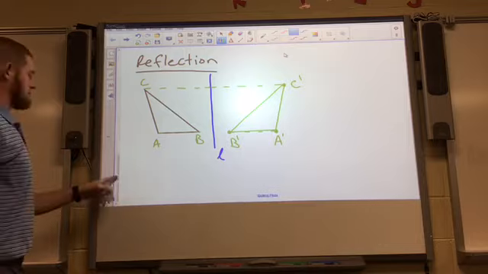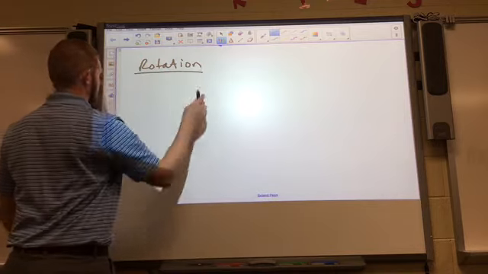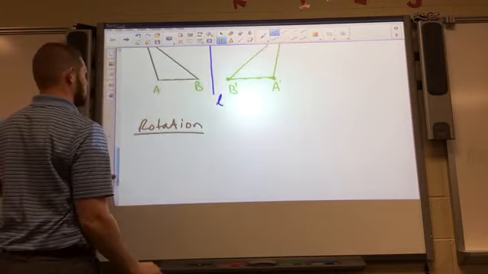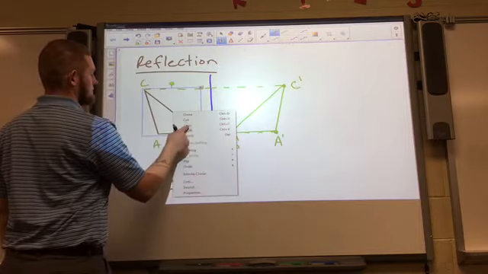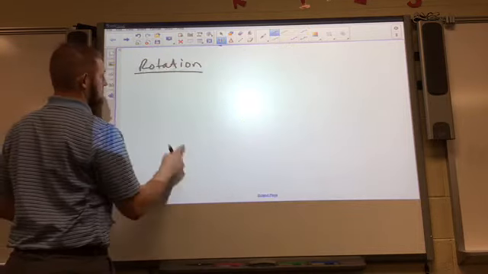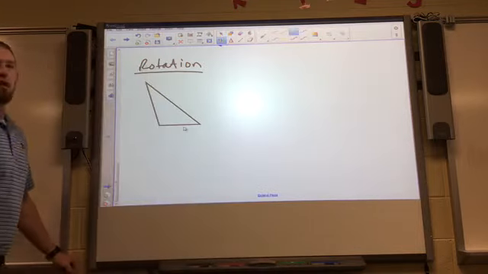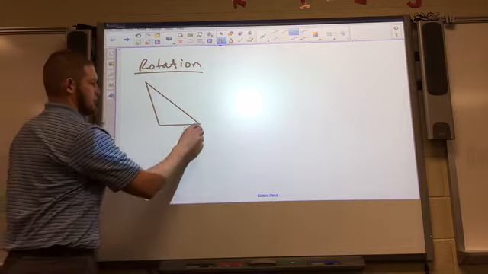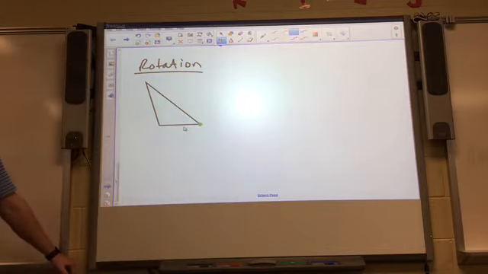Okay, let's do a rotation. Now, it's typically going to be fairly easy to rotate about a point if it's on that figure. Okay, so I'm going to do one that's not on that figure.